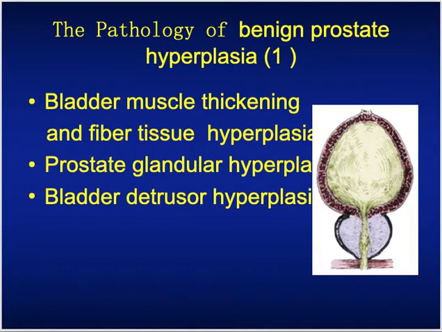The important thing here is the pathology of benign prostatic hyperplasia: bladder muscle thickening and fibrous tissue hyperplasia can be there, prostate glandular hyperplasia can be there, or bladder detrusor hyperplasia can be there.